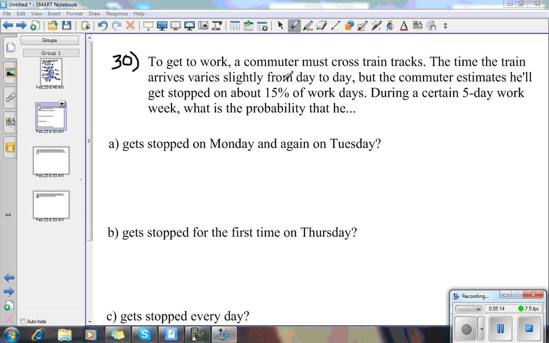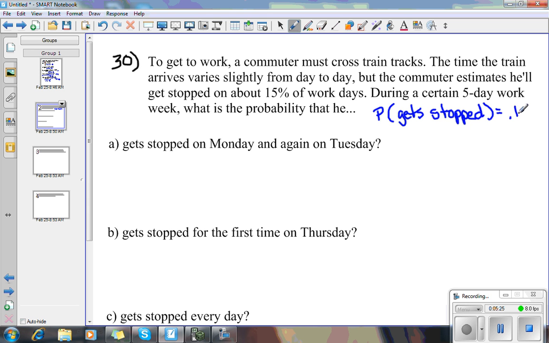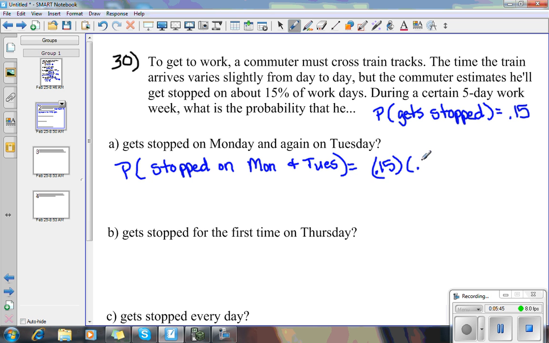So if his probability of getting stopped on any day is 0.15, and we're saying they're independent, then the probability that he gets stopped on Monday and on Tuesday would be the probability he's stopped on Monday, 0.15, times the probability he's stopped on Tuesday, 0.15, and we get 0.0225.